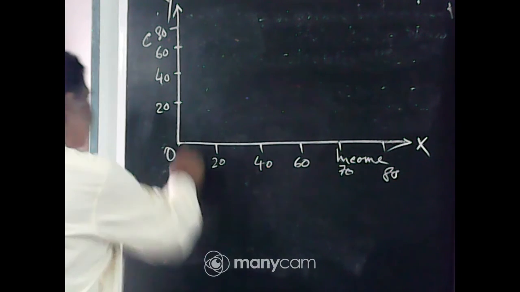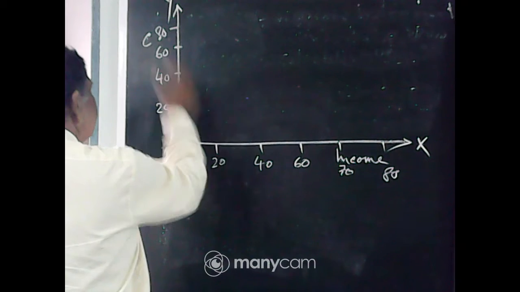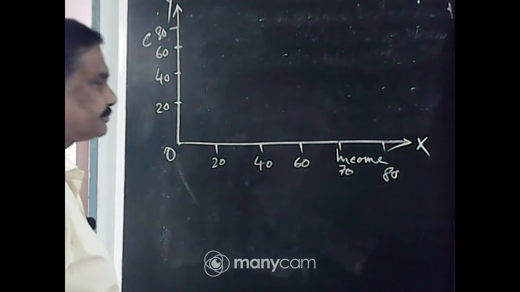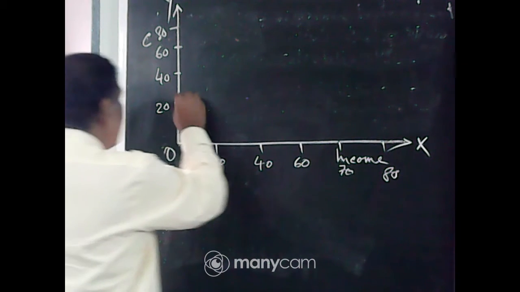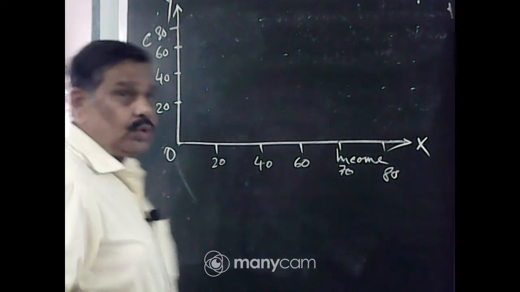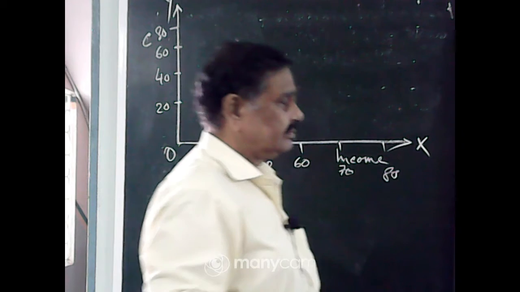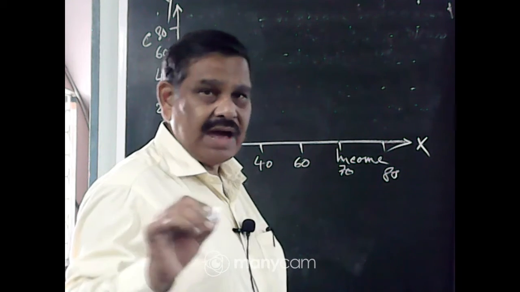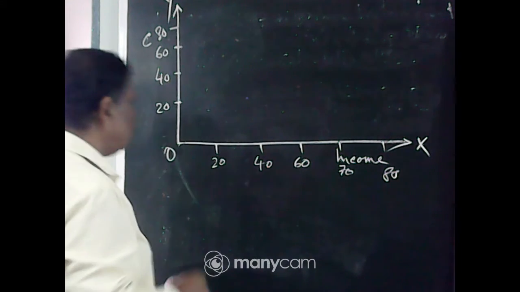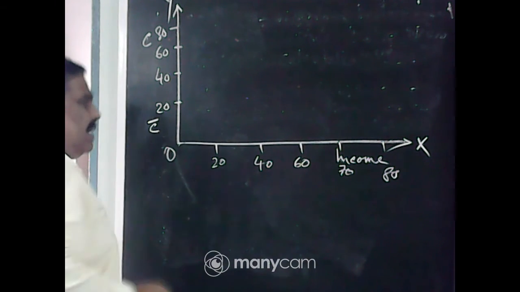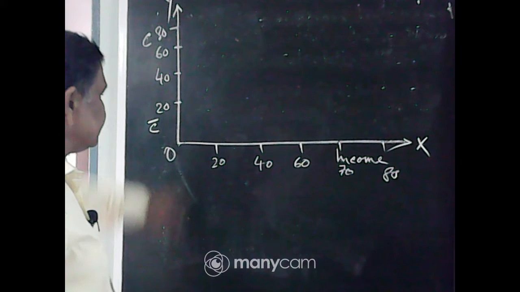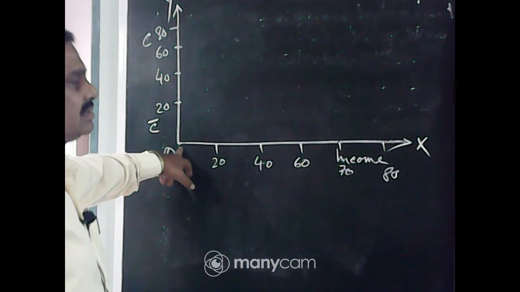So even if income is 0, your consumption is 20. This is the amount which is required to survive in this world. I have already told this is called autonomous consumption, that is C bar. So the consumption curve never starts from 0.